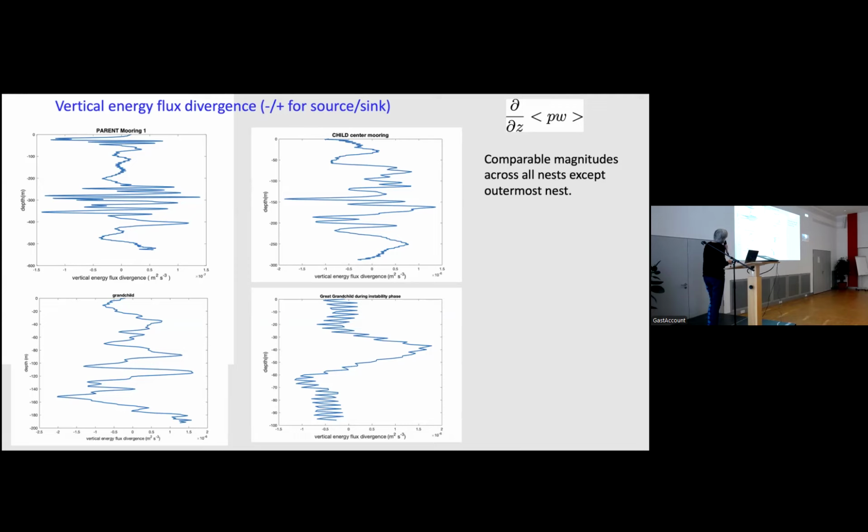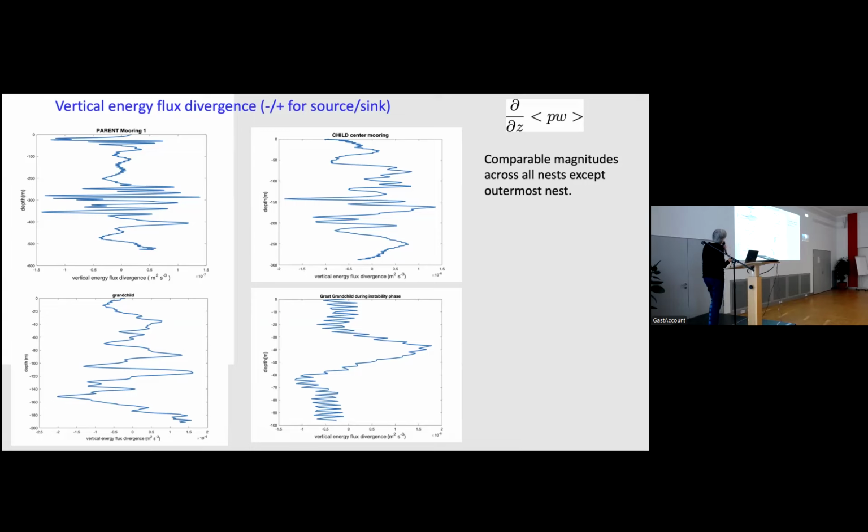Parent, child, grandchild, and great-grandchild. We see that the vertical energy flux divergence is pretty comparable across child, grandchild, and great-grandchild. The great-grandchild, you see this very positive flux divergence, indicating that it's a very strong sink.